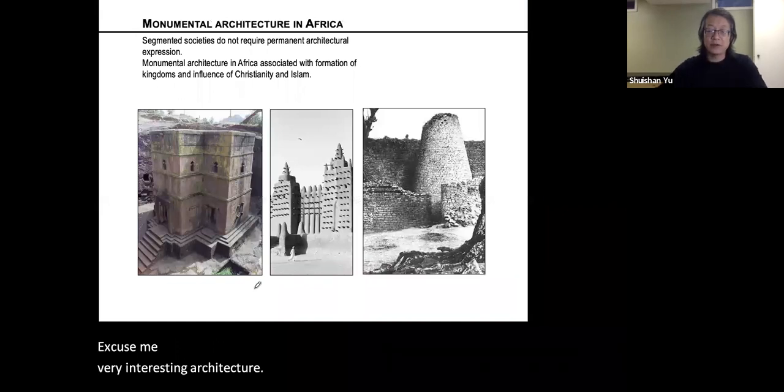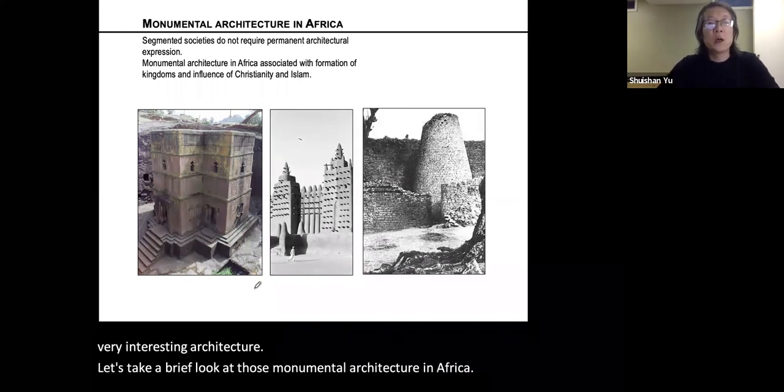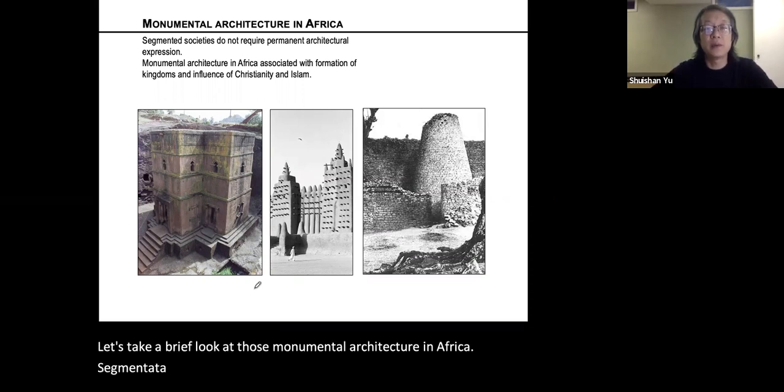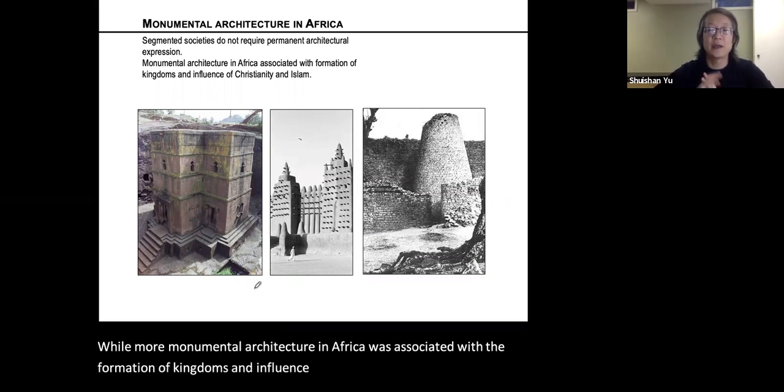Very interesting architecture. Now let's take a brief look at those monumental architecture in Africa. Segmented societies do not require permanent architectural expression, while monumental architecture in Africa was associated with the formation of kingdoms and the influence of Christianity and Islam.